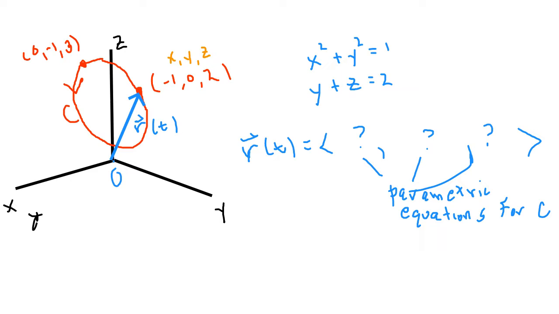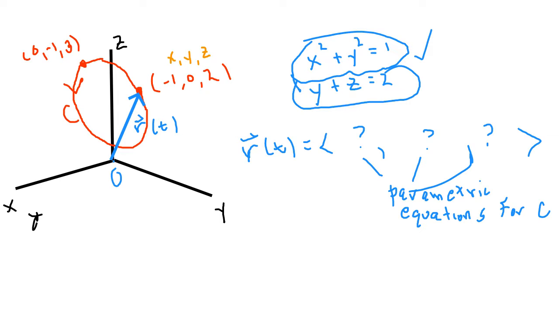So, okay, well, I think we need to make use of these pieces of information here. We have two pieces of information. One piece of information is x squared plus y squared equals 1.